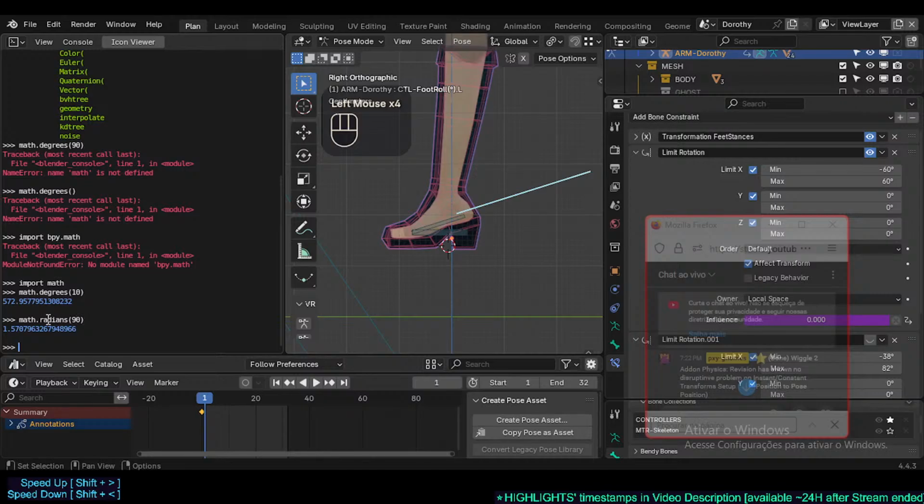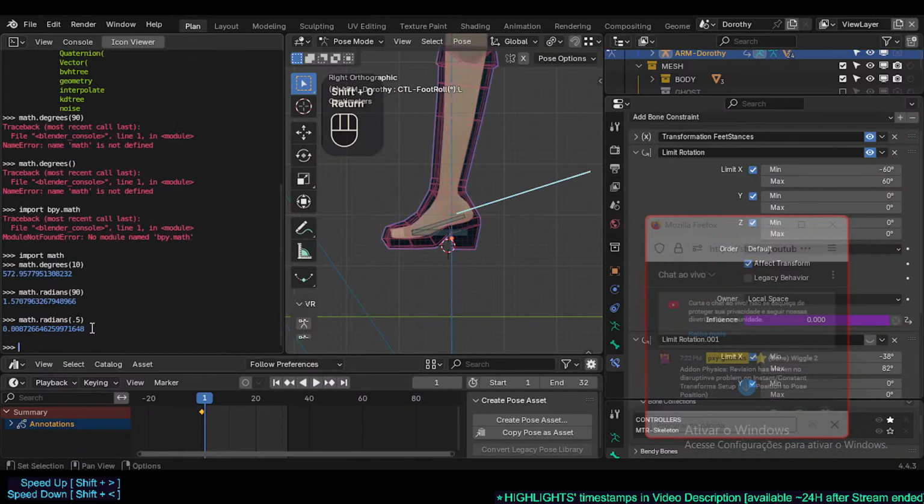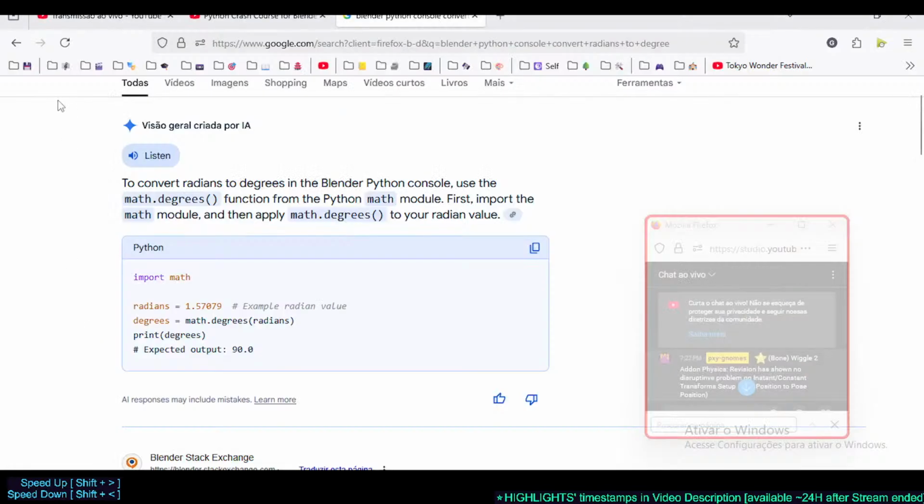It's confusing, but this probably converted 90 degrees to radians. To where the radians to degrees, if I use the radians to degrees, oh, so this is the final.